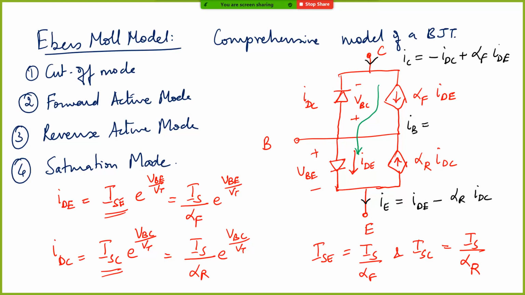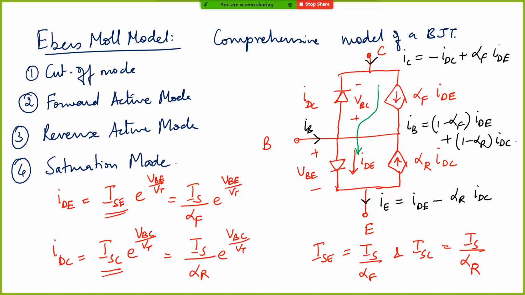It is basically the base current flowing inside. Once you combine the alphas and the factors, IB can be written as 1 minus alpha F times IDE plus 1 minus alpha R times IDC.